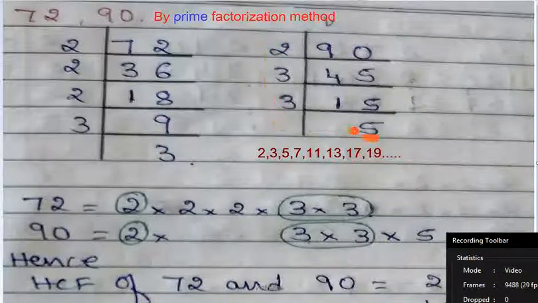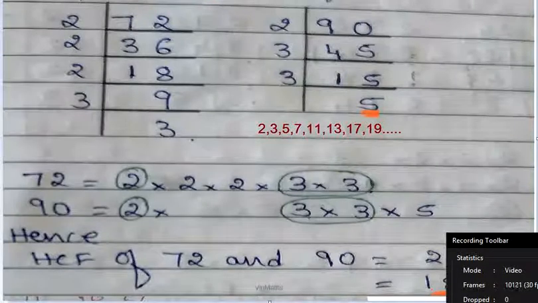So that only we need to write. We wrote 90 equals 2, 1 time; 3 came 2 times, we wrote 2 times; and 5 came 1 time, 1 time I wrote. After this, to find the HCF, first we need to find the common prime factors.